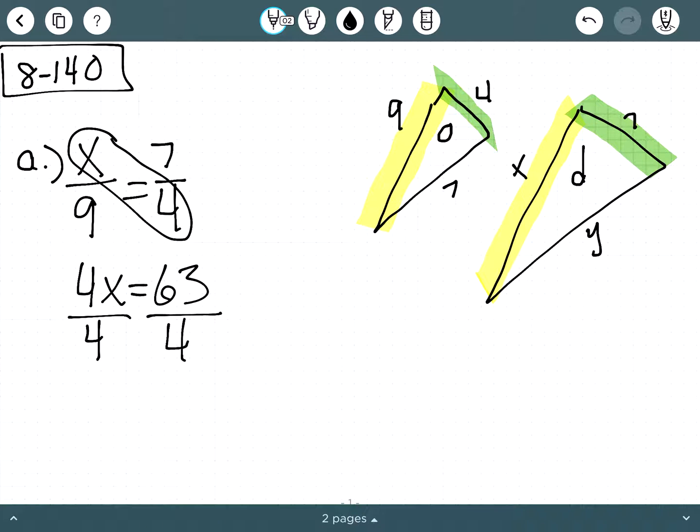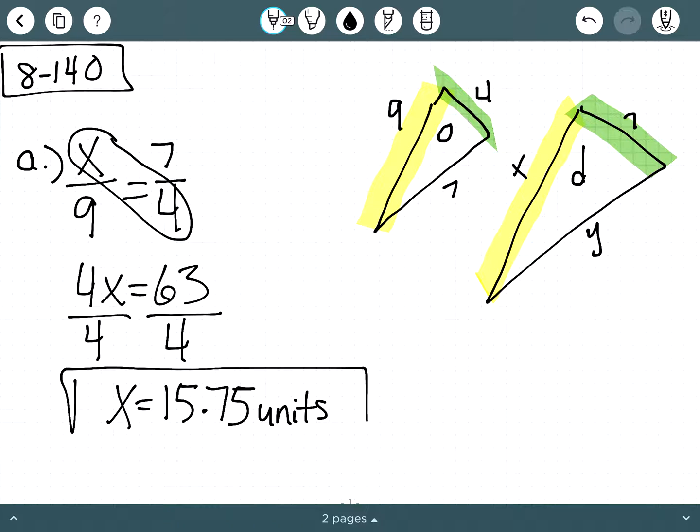And I need to do that on this side as well. So I am left with x equals 15 and 75/100 units. It does not specify the measurement, so anytime it doesn't, we can just say units.